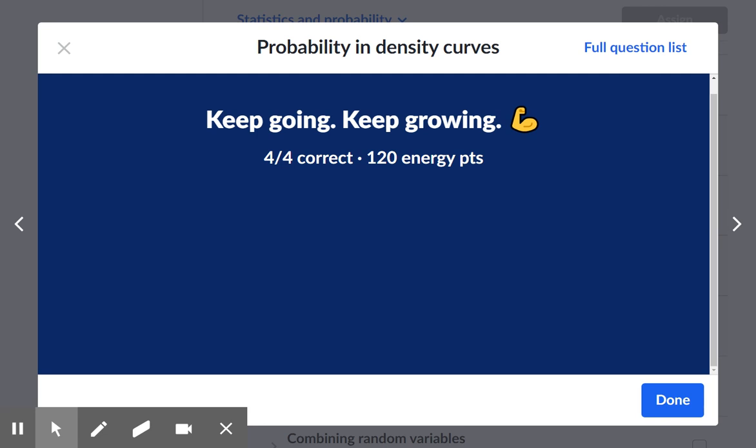The area of a trapezoid is half times the sum of the parallel sides, that means A plus B, times the perpendicular height between the two parallel sides. Hopefully that helps. If you have any questions, let me know. Thank you.